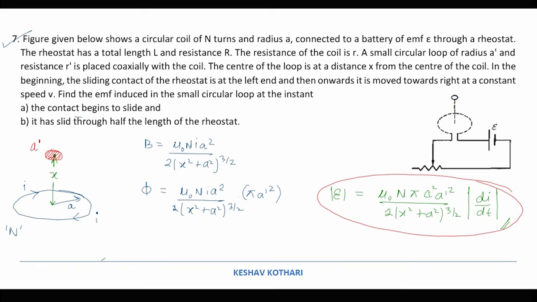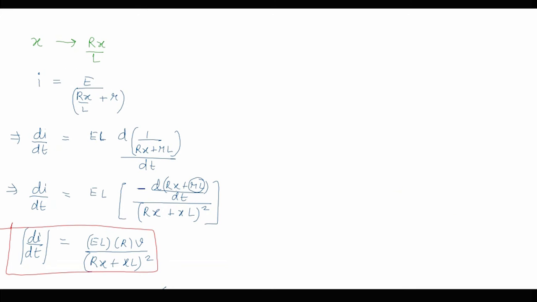So the induced EMF can be written as mu naught n pi a square a dash square upon twice of (x square plus a square) to the power 3 by 2, times ERLV upon (Rx plus RL) whole square.